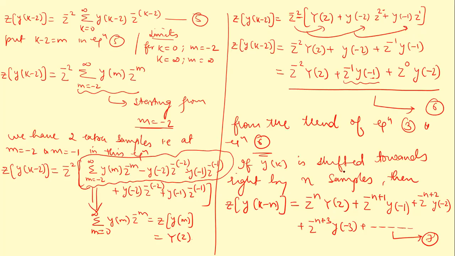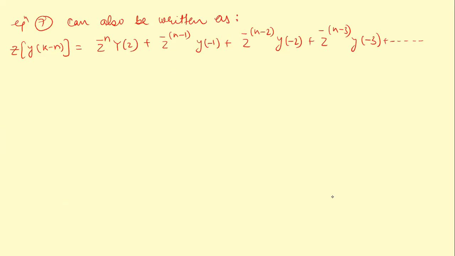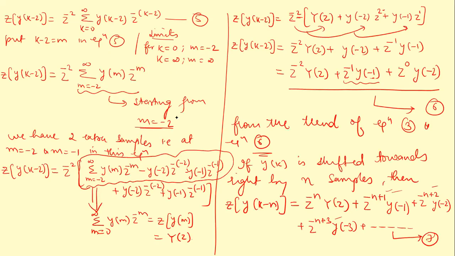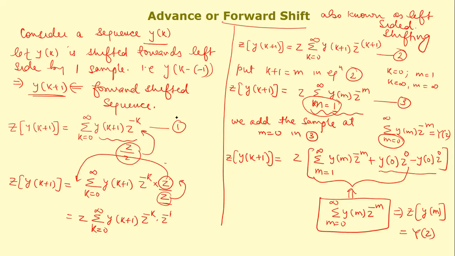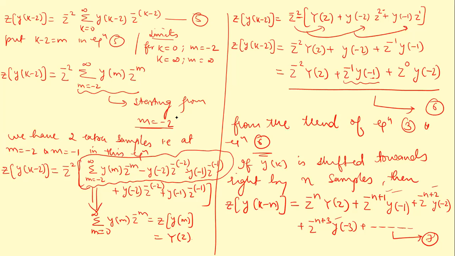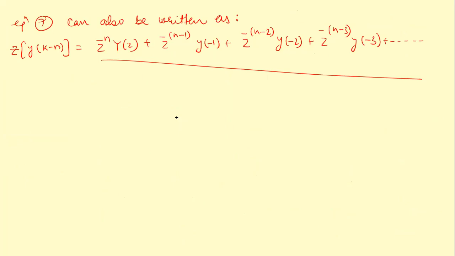Because what we have done is we have taken this negative sign common from these terms here, and we have got this equation. So this is how you can find the z transform of the time shifted sequence, and this is very important in z transform, and it will be used in the designing of the controllers also later on in this particular unit.